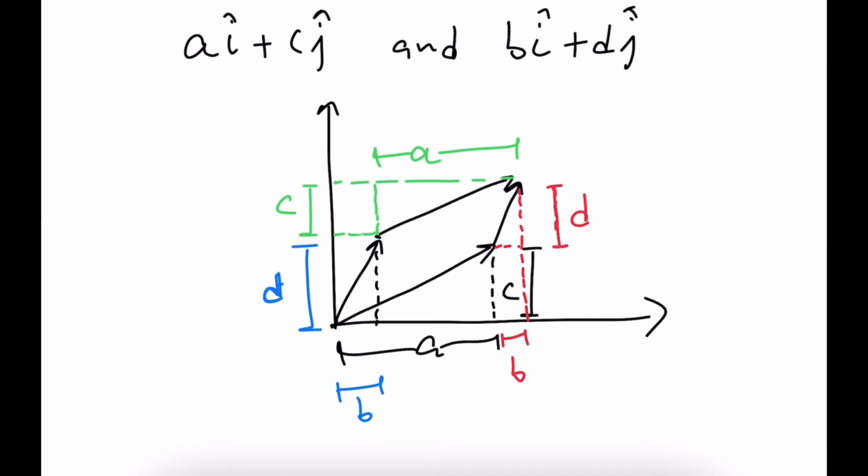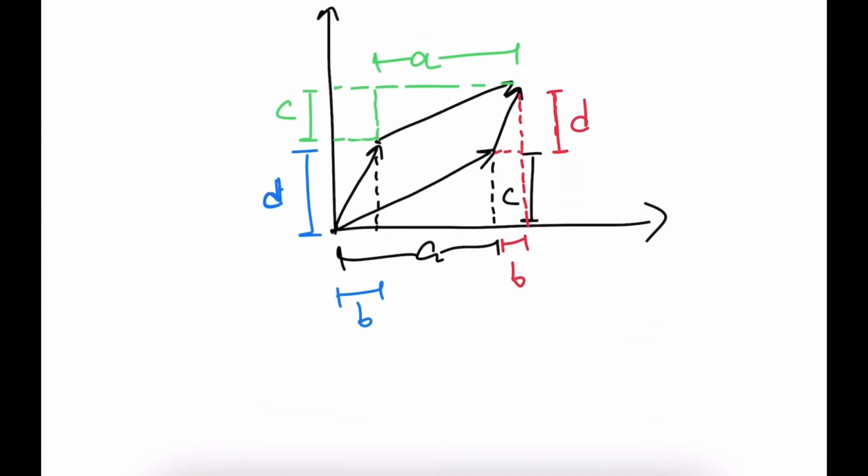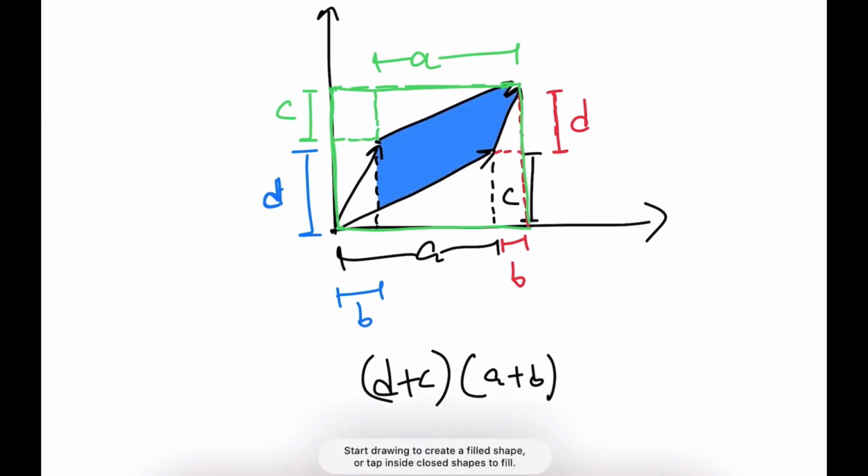So now I know it looks pretty messy, but just take a look at it again. If you do that, you'll notice something, and that is if I take this whole thing, this whole rectangle, what I'll get is that the whole rectangle has an area of D plus C into A plus B. And now our task is to find out this area, this parallelogram's area.